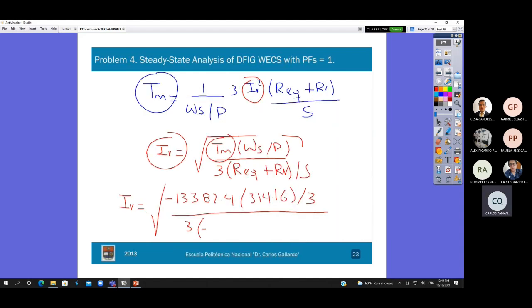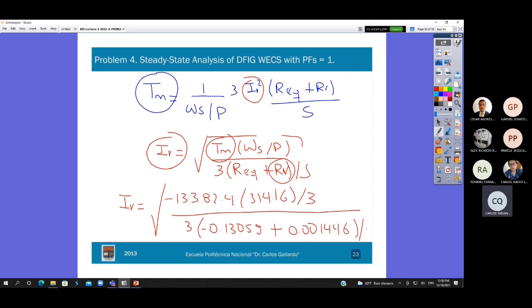Okay, so I will have 3 times the equivalent resistance, which is 0.059, plus the rotor resistance. According to the data, the rotor resistance is 0.001446 over the slip.